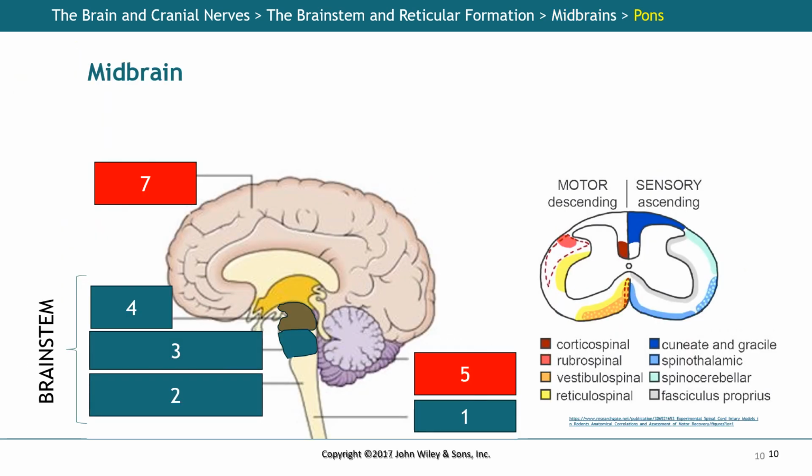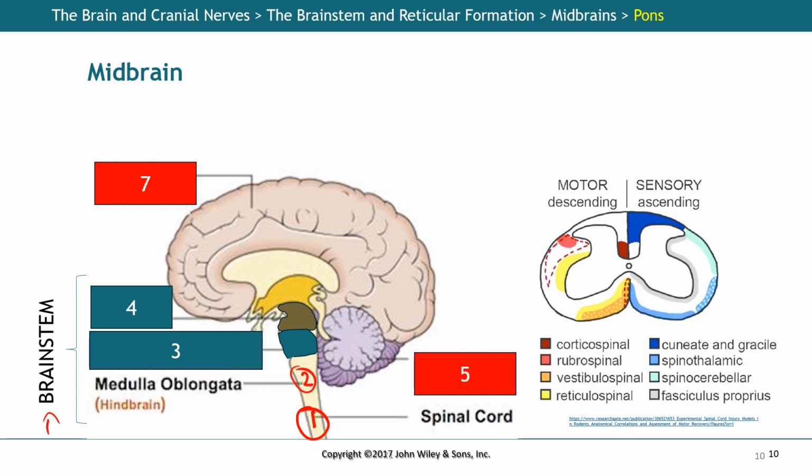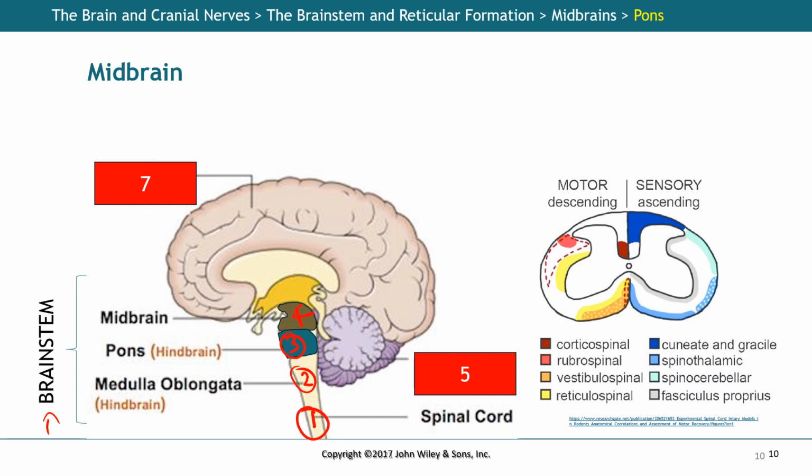In the previous chapter we talked about how the impulses come from the spinal cord, then move into the brainstem, and have to cross three different regions. Here, the first one is the medulla oblongata, the next one is the pons, and finally the one we are talking about right now, the midbrain.